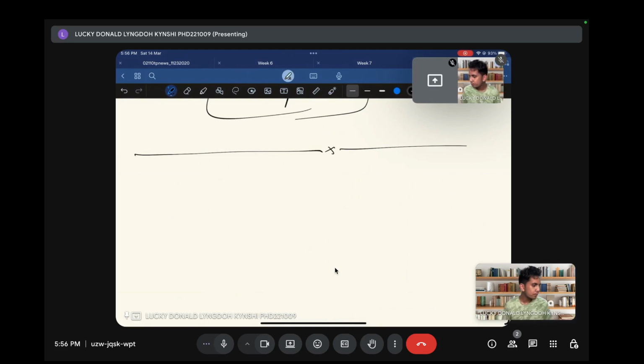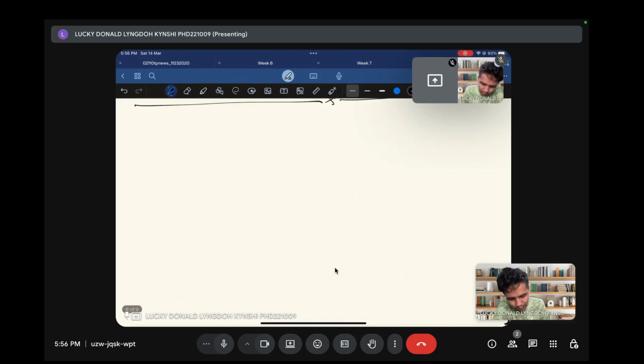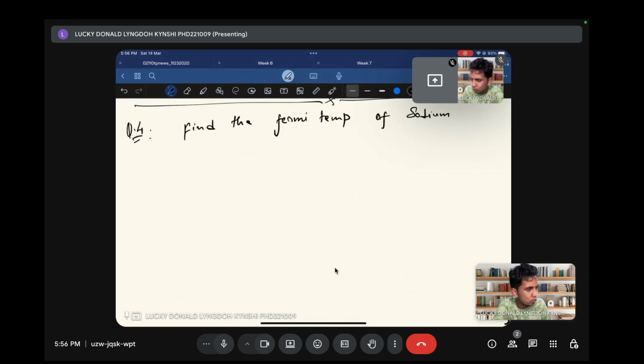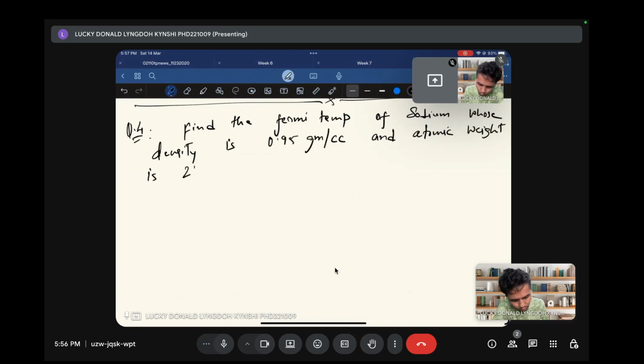Now, question number 4 is: find the Fermi temperature of sodium whose density is 0.95 gram per cc and atomic weight is 23.